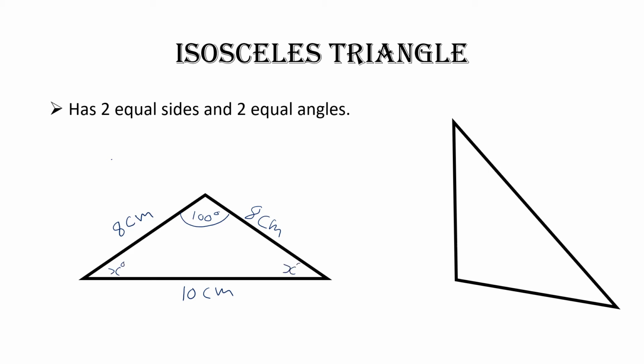You might tell yourself that in algebra we cannot find two unknowns. But in this case, you need to understand this is an isosceles. There's a concept here beyond just the unknown: if two sides are equal, then two angles are equal. If the sum of the triangle is supposed to be 180, and this angle alone is 100, that means I have 80 degrees to share. Since these two sides are equal, these two angles are also equal. So x is 40 degrees here and 40 degrees over here. Just like that.